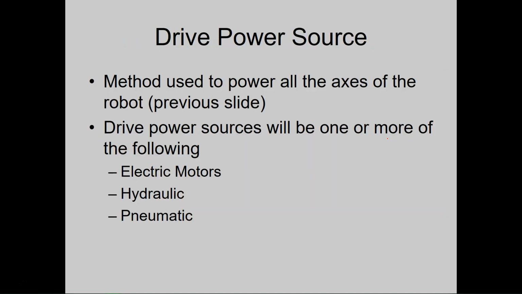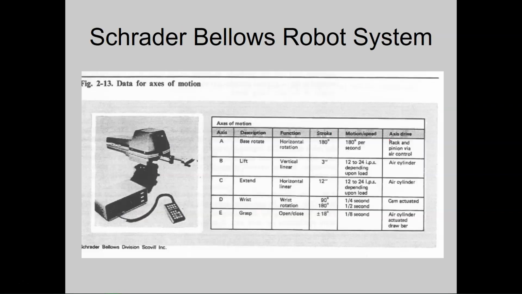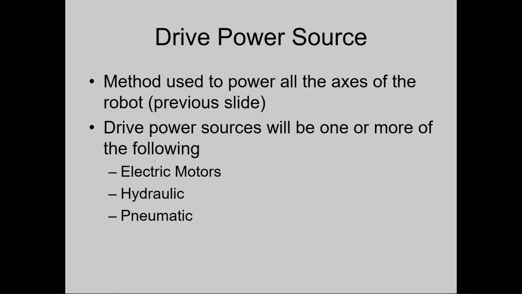So drive source, the method used to power all of the axes in the robot. This guy is a rack and pinion via air control, so he's a pneumatic robot. He's air actuated all the way. Drive sources will be one or more of things like electric motors.